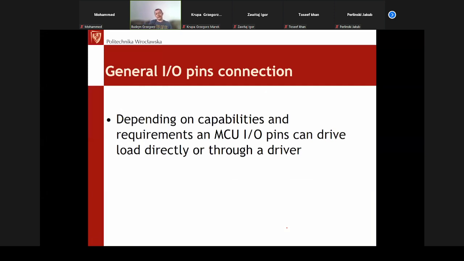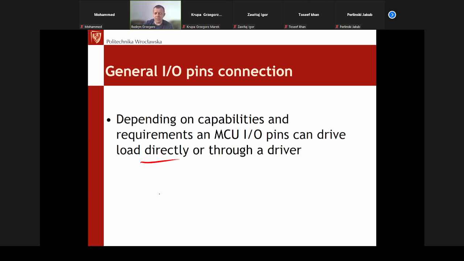Important today is that, depending on the capabilities and requirements, MCU pins can drive a load either directly or through a driver. Through a driver is pretty normal. Directly, it depends on what you need to drive.